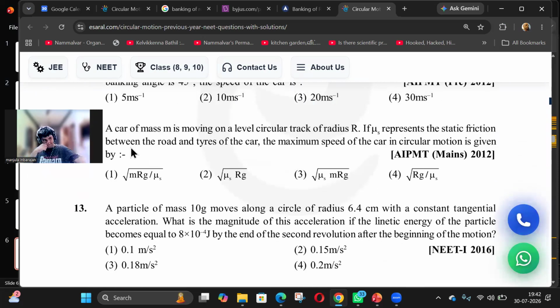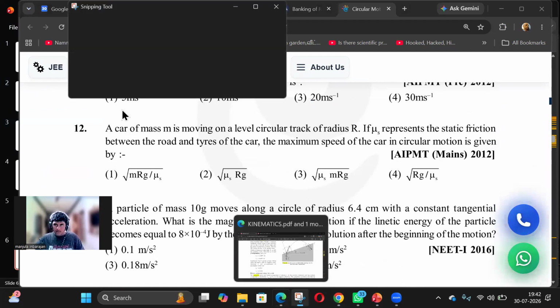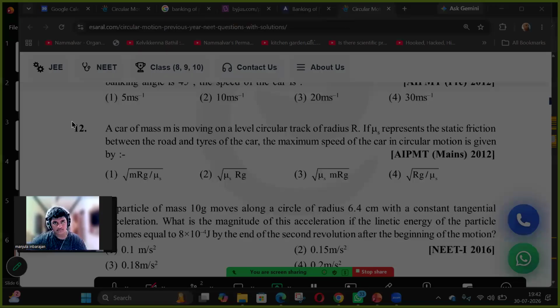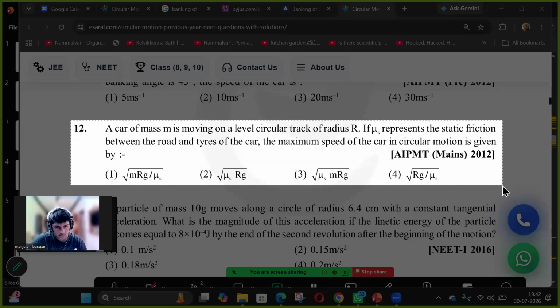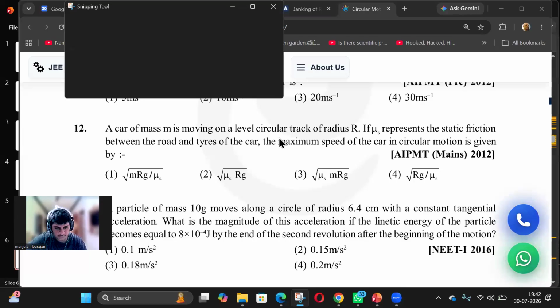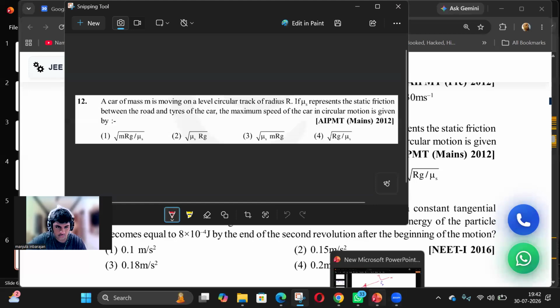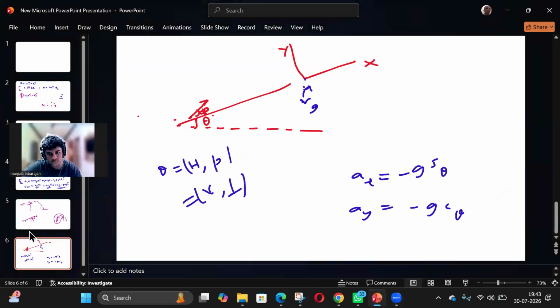What is this question based on, question number 12? It's a flat road, so there is no banking. If the speed is too high, it will skid outwards. So find the maximum velocity with which it can go without skidding.